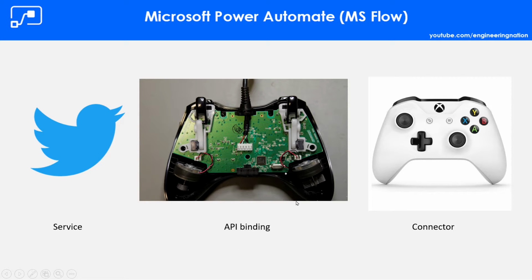All the API bindings and everything is done by Microsoft. We just use the connector to call the information from the services, like from Twitter. Suppose certain tweets happen with a certain hashtag, then you can get that information into the flow with the help of the connector.